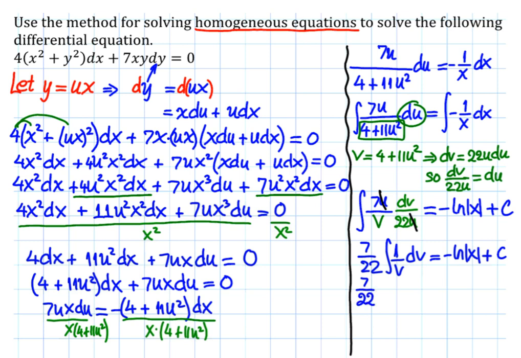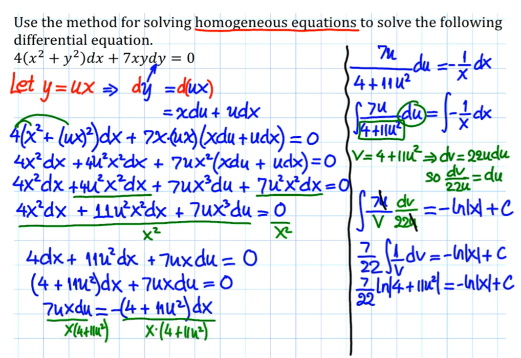Kind of run out of space, so I substitute v equal to 4 plus 11u squared, equal to negative ln of x plus c.